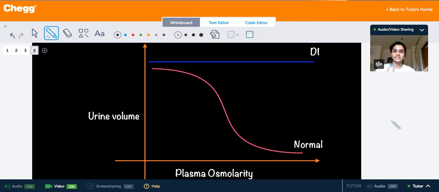The urine osmolarity is less than 600, which is very, very dilute. So this is what this graph is showing. No matter how much the plasma osmolarity keeps increasing, your urine volume is still remaining the same. That is what happens in a person with DI.